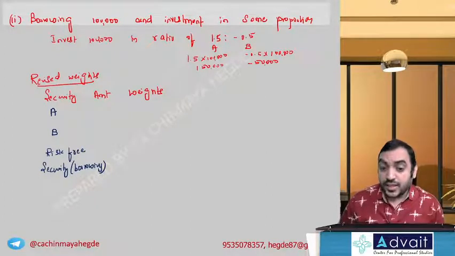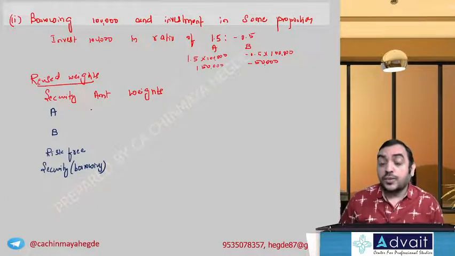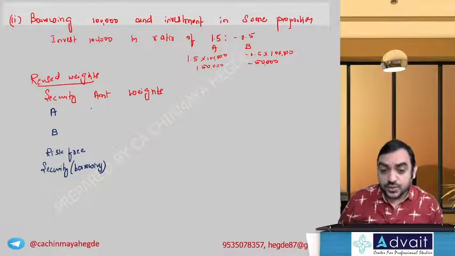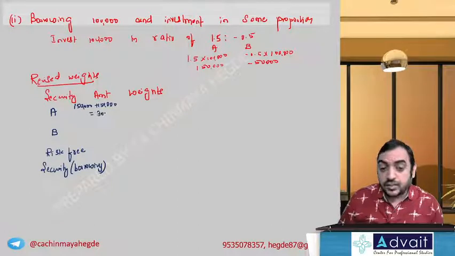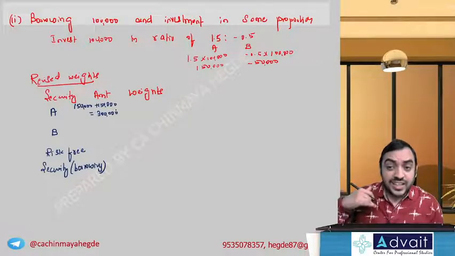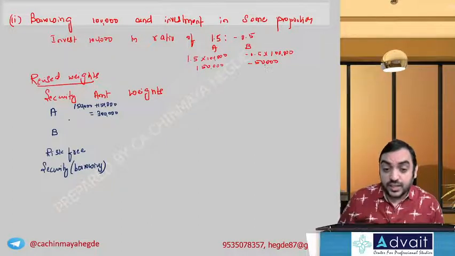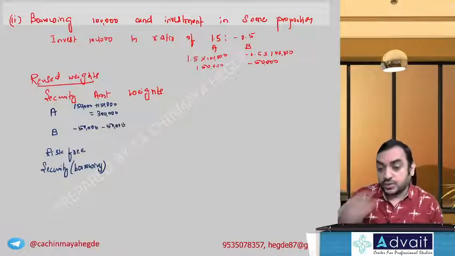Now security A, how much amount? We had already invested 1,50,000, and now another 1,50,000. So that is going to be 3 lakh. We had 1 lakh initially and we invested 1,50,000 more. Similarly for B, we had shorted 50,000 and we further short 50,000.